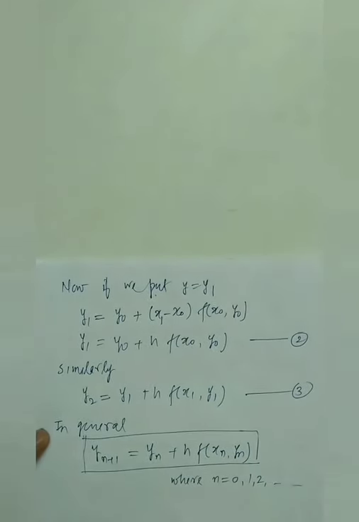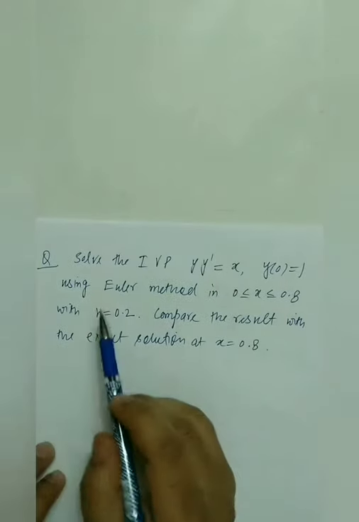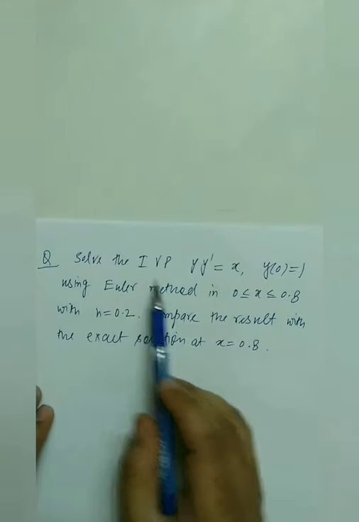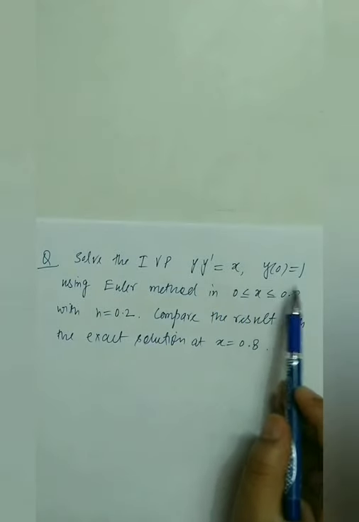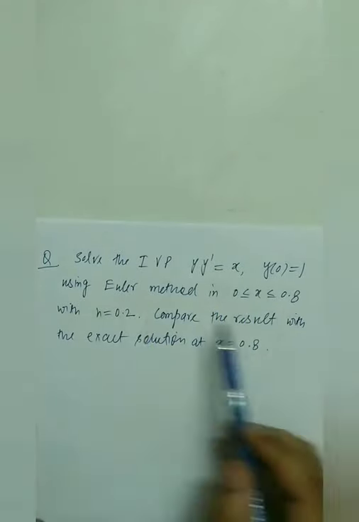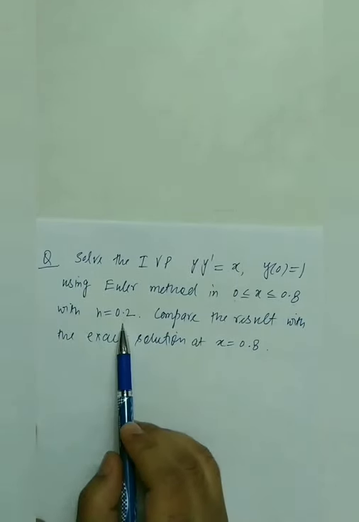Now we see an example of how we can use Euler's method to solve an initial value problem. Solve the initial value problem y y' = x, y at 0 equal to 1, using Euler's method in the interval 0 to 0.8 with h equal to 0.2.